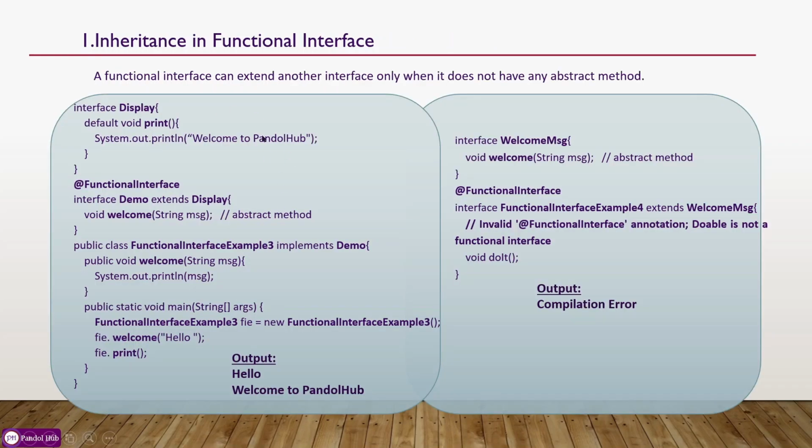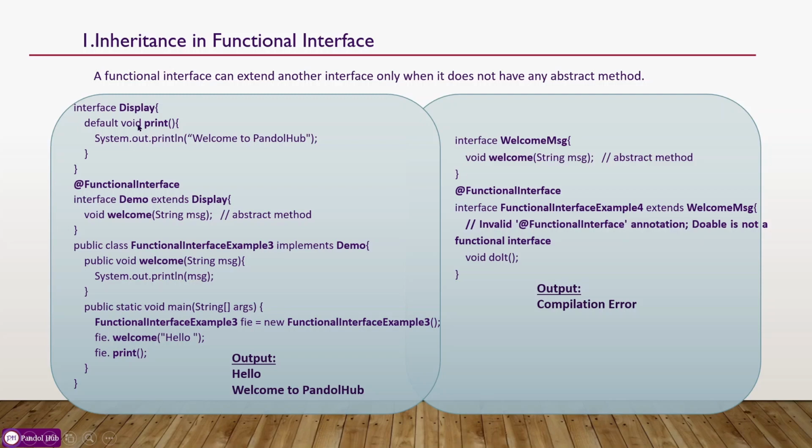So to maintain the rules of the functional interface concept, that it should contain only one abstract method, we cannot extend another interface which includes abstract methods. But it can contain default methods, static methods, or methods of the object class. So that doesn't change the behavior of this functional interface.